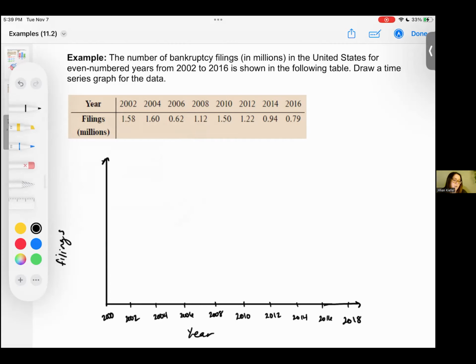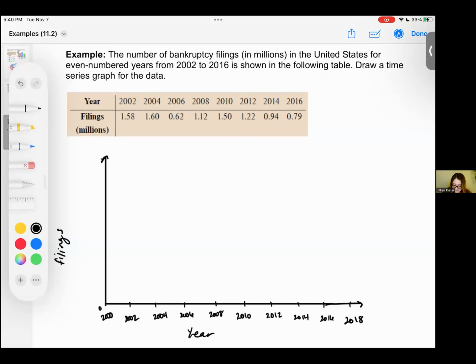Then we want to focus on the y-axis. Since we're only going up to 1.6 and our lowest value is 0.62, and in decimals, we can go by quarters. So we can go by 0.25s. The base of our y-axis is essentially 0 in this case, so we can put a 0 there.